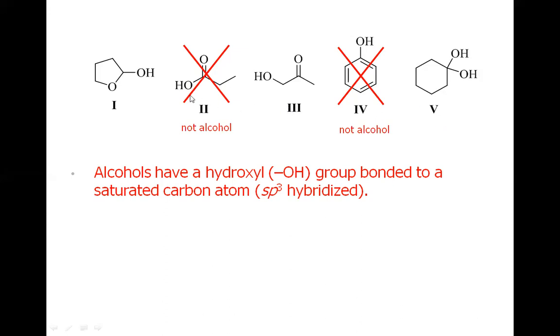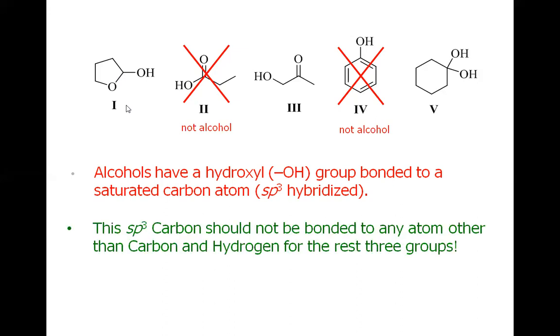Apparently, all may be considered alcohols, because as per the definition we discussed, the hydroxy must be connected to a carbon which is sp3 in nature. But we must also know, for the carbon which is connected to the hydroxy, what about the rest of the three groups?